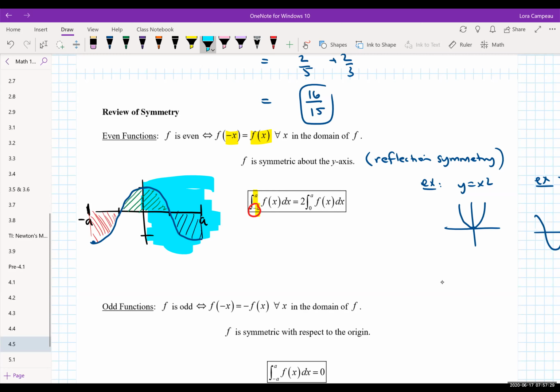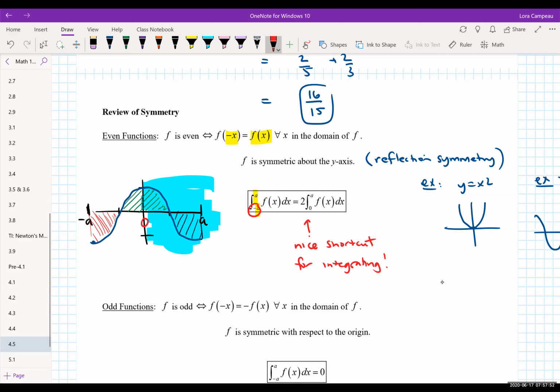This gives us a nice shortcut for integrating. All they're doing is saying, let's take everything from 0 to a and multiply it by 2. If you have to do things by hand, it might help out.